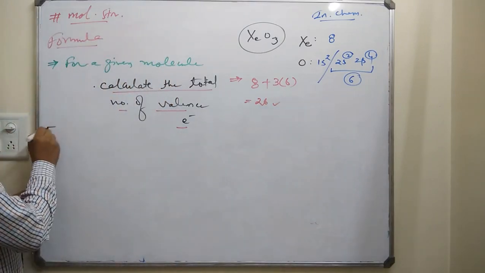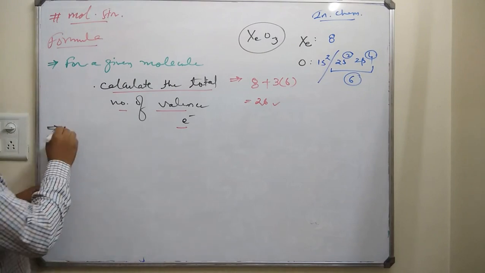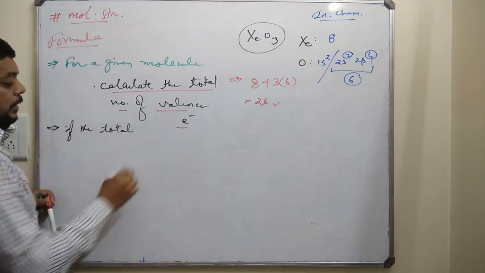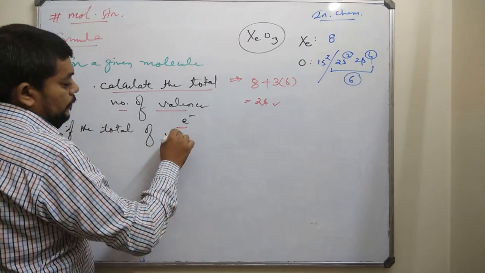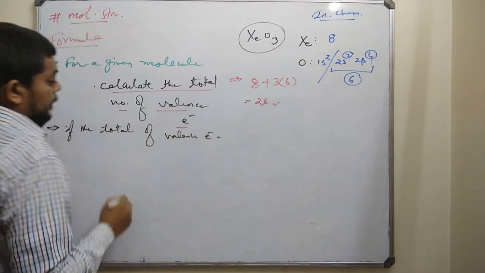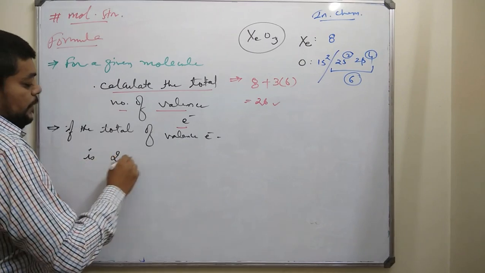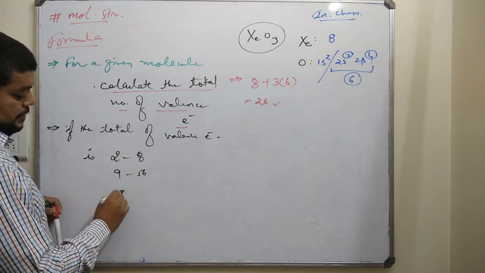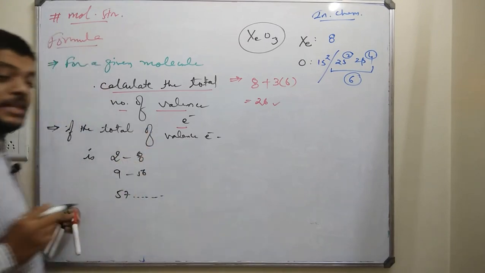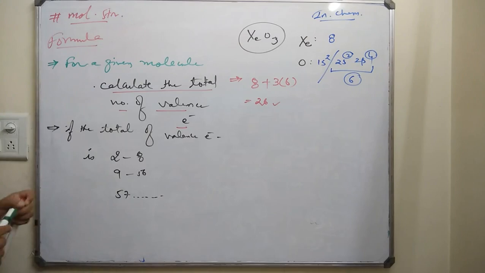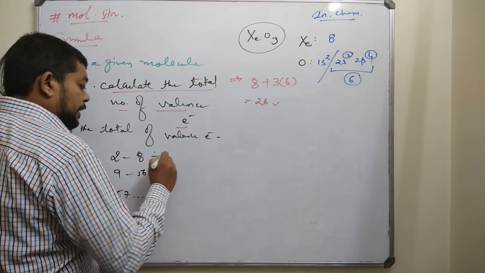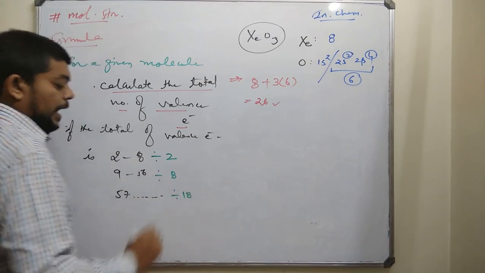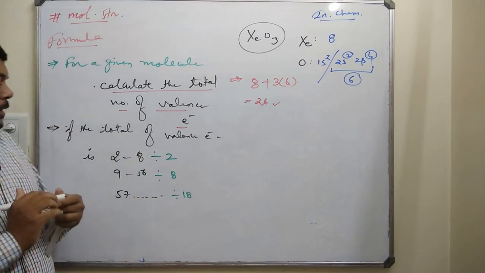Now the point number 2: if the total of valence electrons is between 2 to 8, between 9 to 56, or 57 and above, you have to divide that number by 2, 8 and 18 respectively.